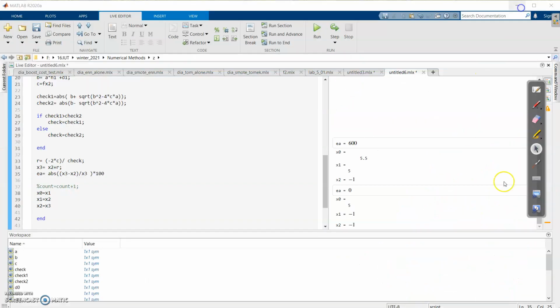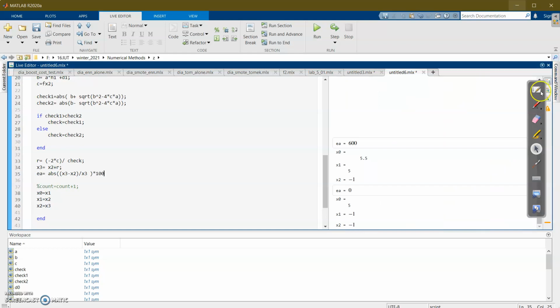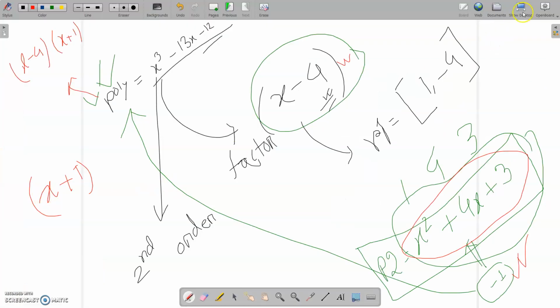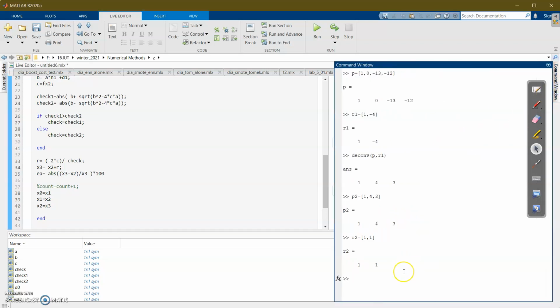So let's come here. Let's name it P2 is equal to 1, 4, 3, and my R2 is equal to 1, 1, that was plus 1, right? Now I want to perform the same deconvolution operation with P2 and R2.